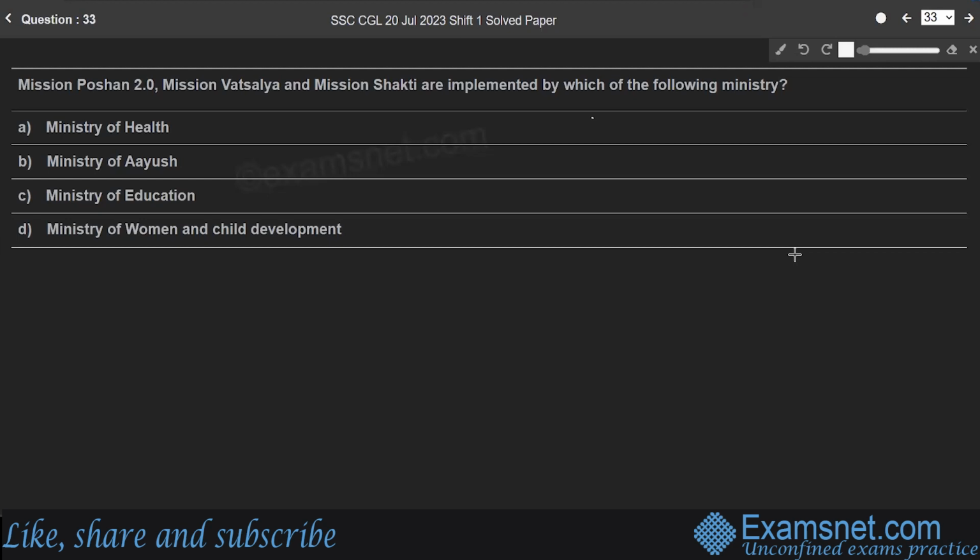Question 33. Mission Poshan 2.0, Mission Vatsalya and Mission Shakti were implemented by which of the following ministries? These three missions were implemented by the Ministry of Women and Child Development.